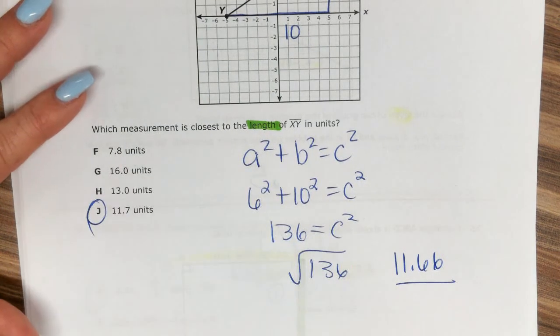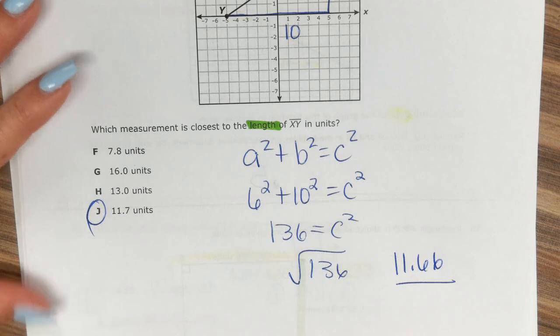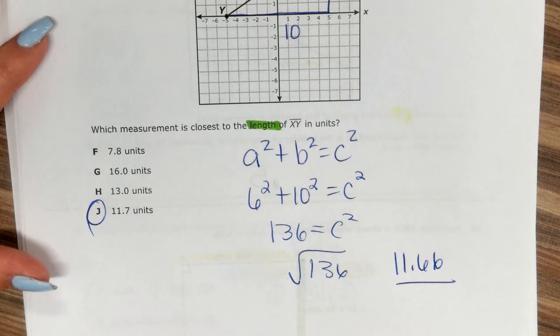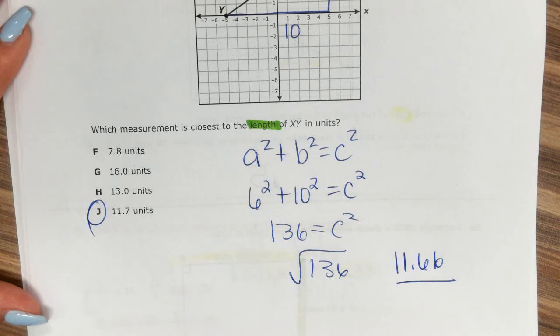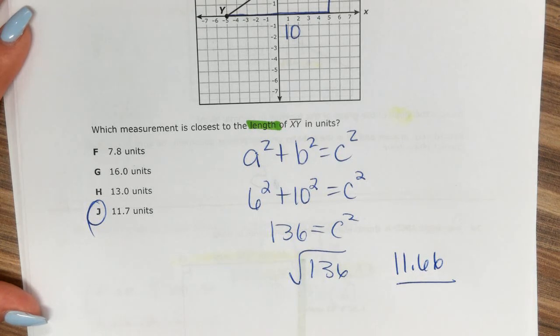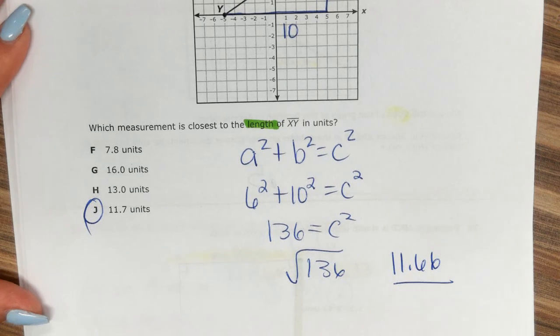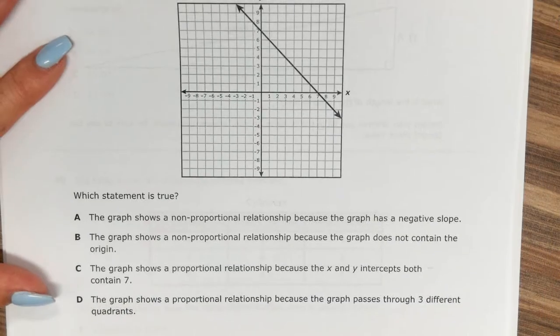J. Are we all good? See some people still writing, so I'm giving them a second. Everybody's good now? Yeah. All right, number 37.